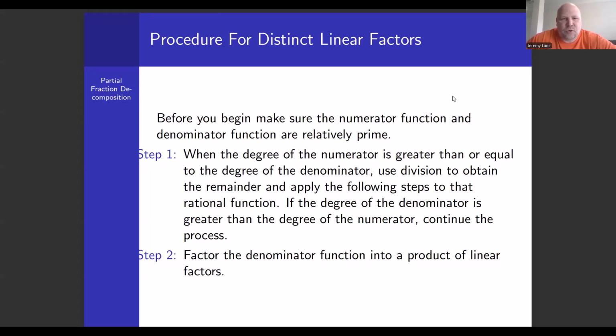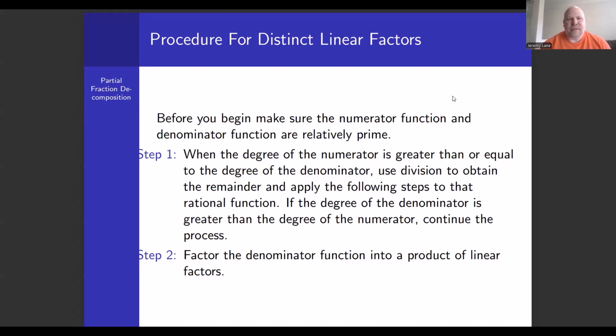So if you make sure that these numerator and denominator functions are relatively prime, you do not have to have this excess involved. So after you reduce your fractions down and the numerator and denominator do not share any common factors, then we can begin our decomposition process.